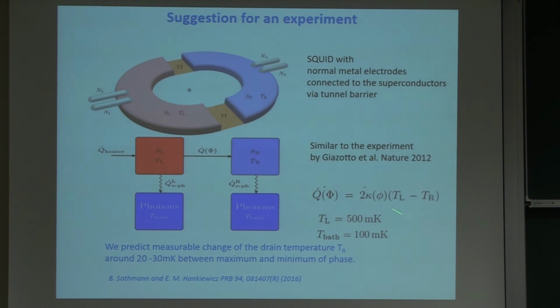So if I would take on the left a temperature of 500 millikelvin, then on the right I would actually get a modulation between maximum and minimum of 20-30 millikelvin, and this is something which can be easily measured, because in Pisa they can go to a resolution of less than 1 millikelvin. They can actually get it for usual junctions. So this seems to be a feasible possibility to actually measure something.